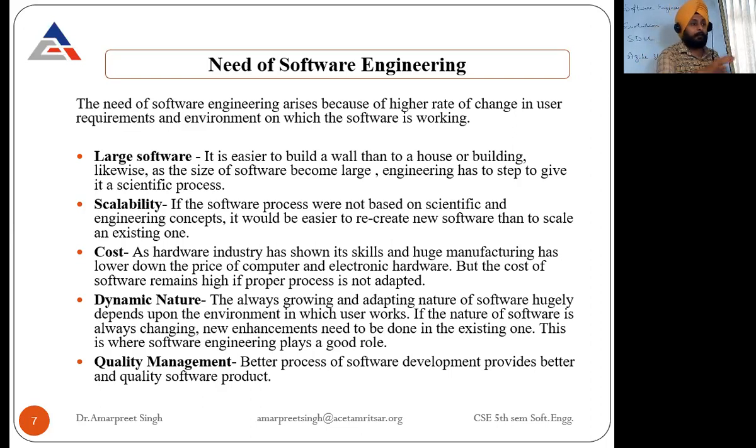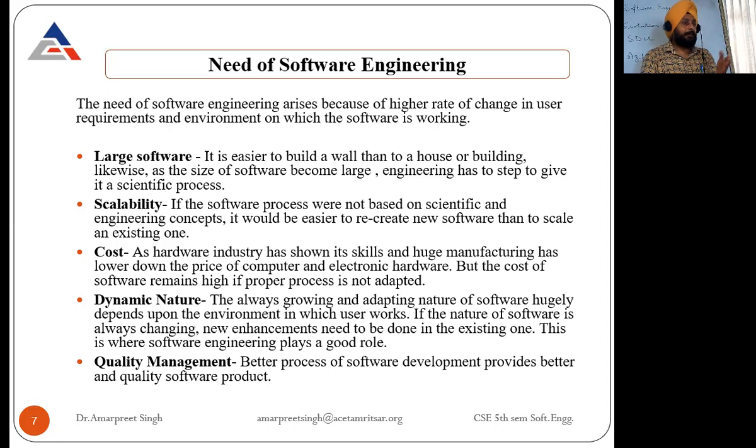Second, these are certain features or characteristics or reasons we require software engineering. First is large software. You see that the size of today's software products is very large. It is easier to build a wall than a house or building.